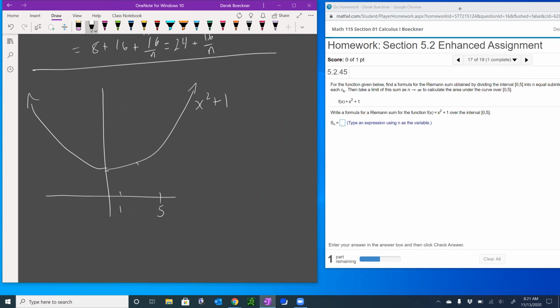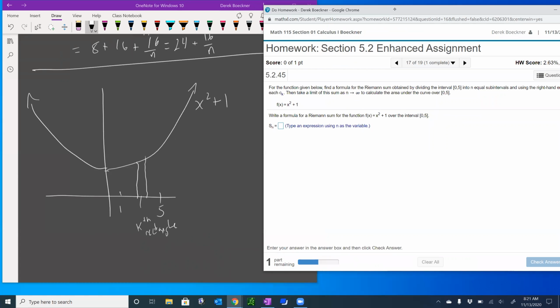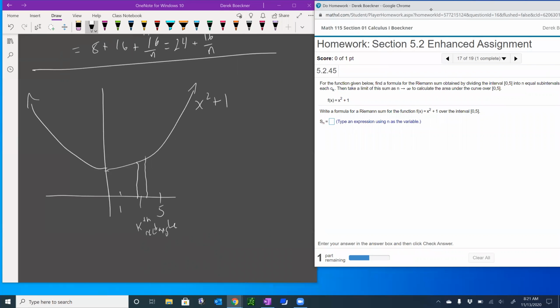I'm going to draw in a representative rectangle. This is going to be the kth rectangle. And does it tell us the right-hand endpoints? Okay. So we're going to use this guy to draw our rectangle.